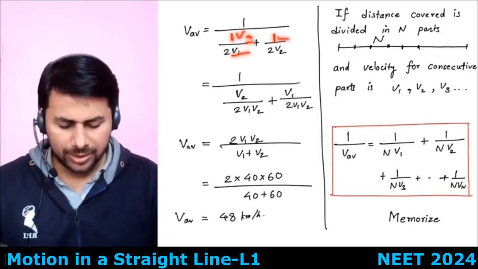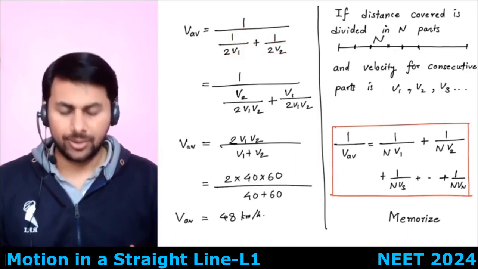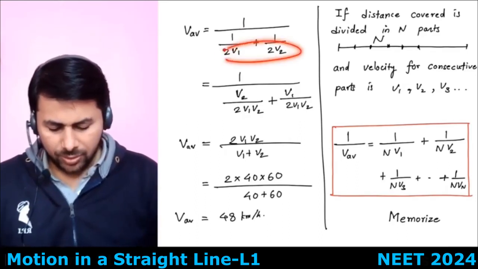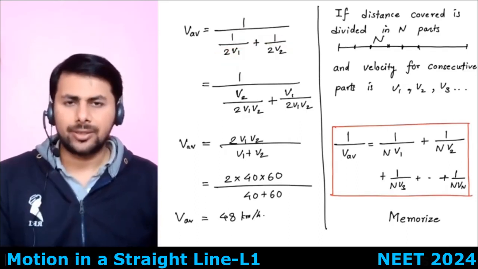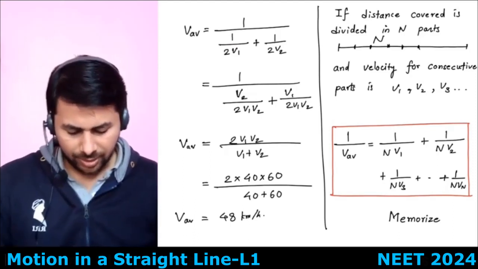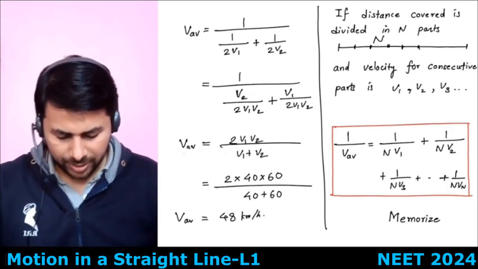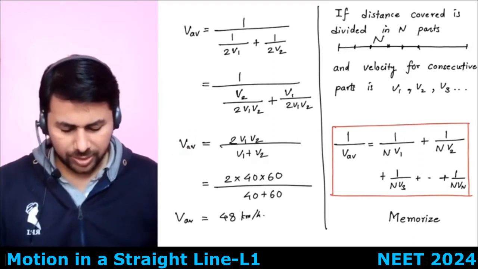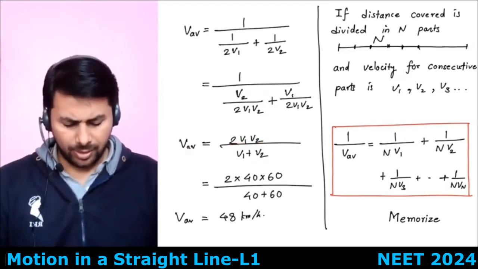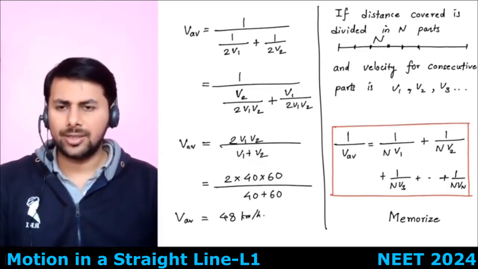So v2 plus v1 divided by 2v1 v2. Then you take the 2v1 v2 to the numerator because it is in the denominator of the denominator. So you get v average equal to 2v1 v2 divided by v1 plus v2. Is this clear till this point?